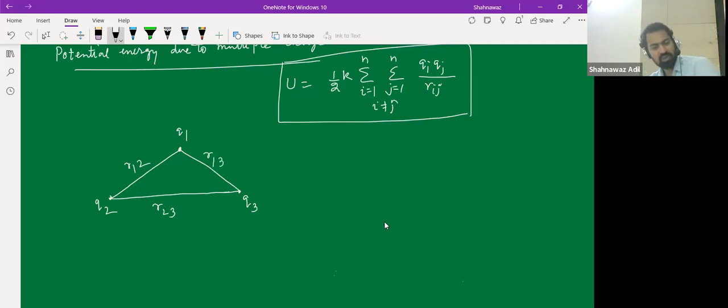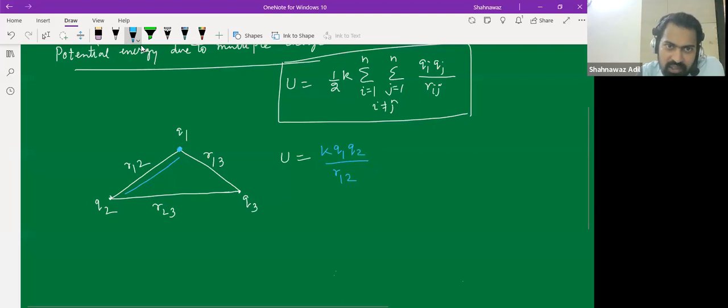We have to count how many possible interactions we can have, taking two charges at a time out of three. First, let us pick this charge. It will interact with this one. So the potential would be K Q1 Q2 by R12. This is the first interaction.